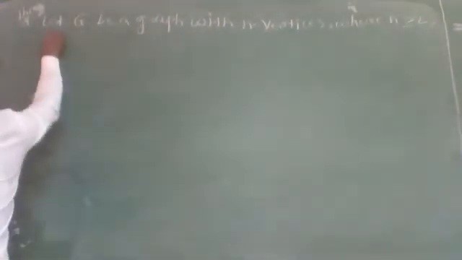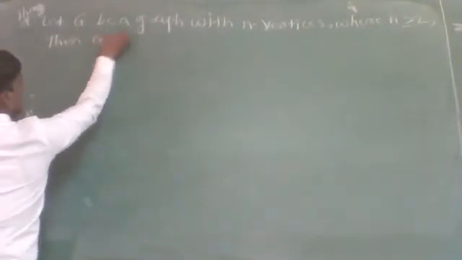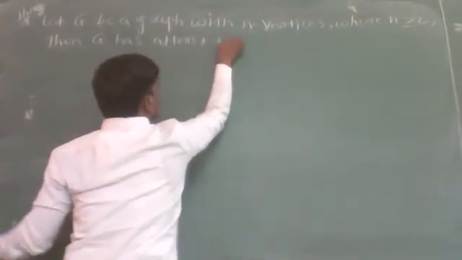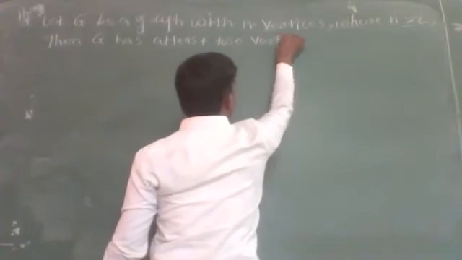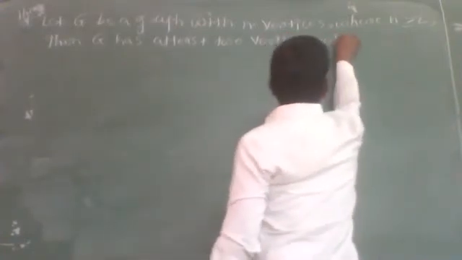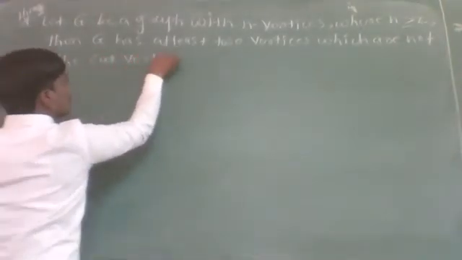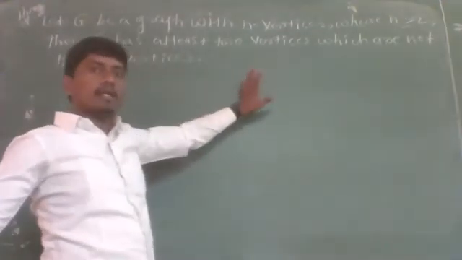Then G has at least two vertices which are not cut vertices. So if we are given any graph G with n vertices where the number of vertices is greater than or equal to 2, then we have to prove that G has at least 2 vertices which are not cut vertices.